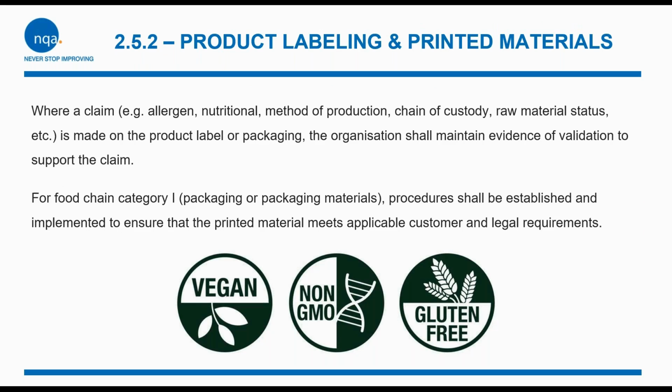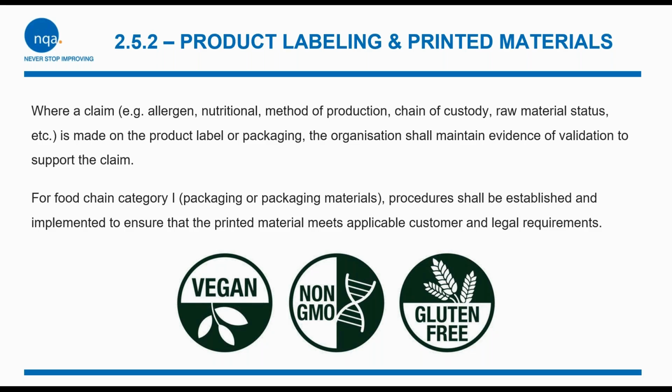Requirement 2.5.2, product labelling and printed materials. Where a claim, for example, allergen, nutritional, method of production, chain of custody, etc., is made on the product label or packaging, the organisation shall maintain evidence of validation to support the claim.